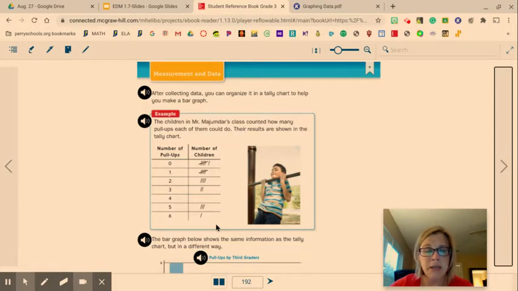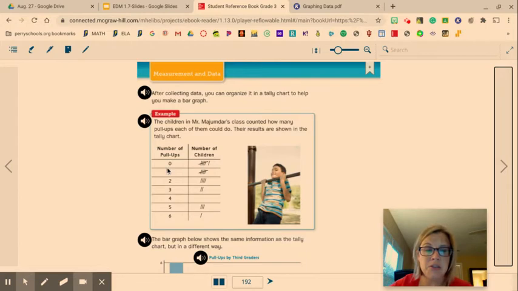Whenever we make a tally chart, we're using our tallies in groups of 5. We would draw 1, 2, 3, 4, and then a cross to make 5. Every time you see a diagonal, that means there are 5.